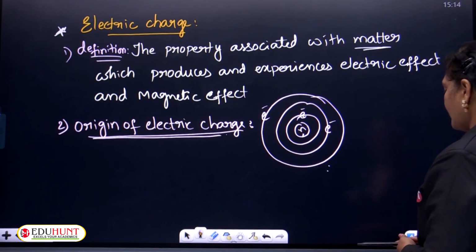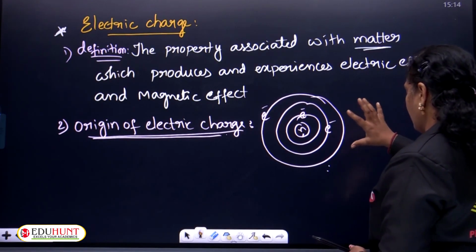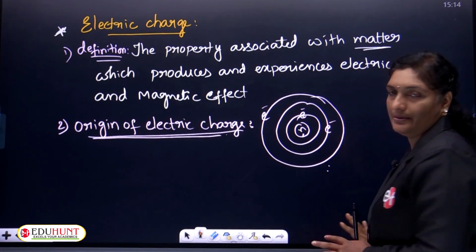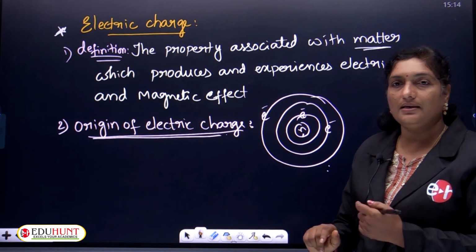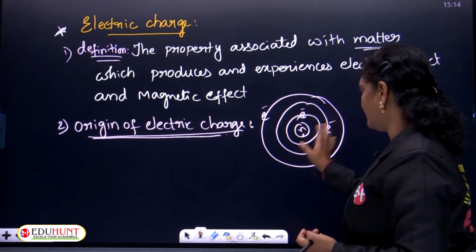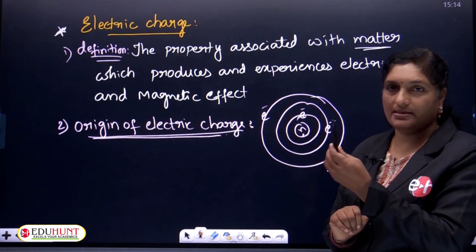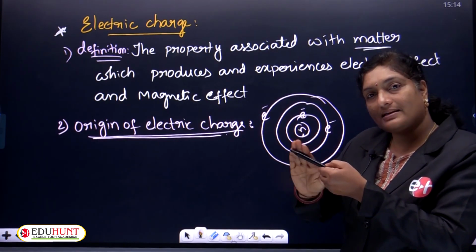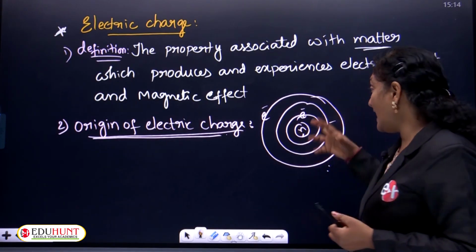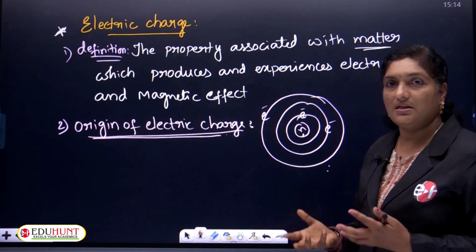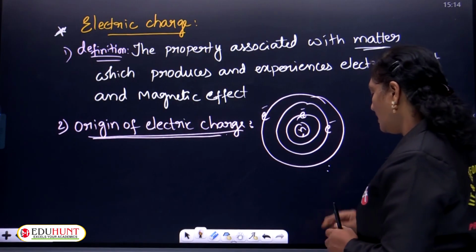So then what happens? Whenever this is disturbed, while rubbing with a cloth or a wood or a silk or fur or anything, whenever you consider any object, a number of atoms are present. Whenever these atoms are disturbed, the free electrons have a tendency to move from one place to another place. Okay.